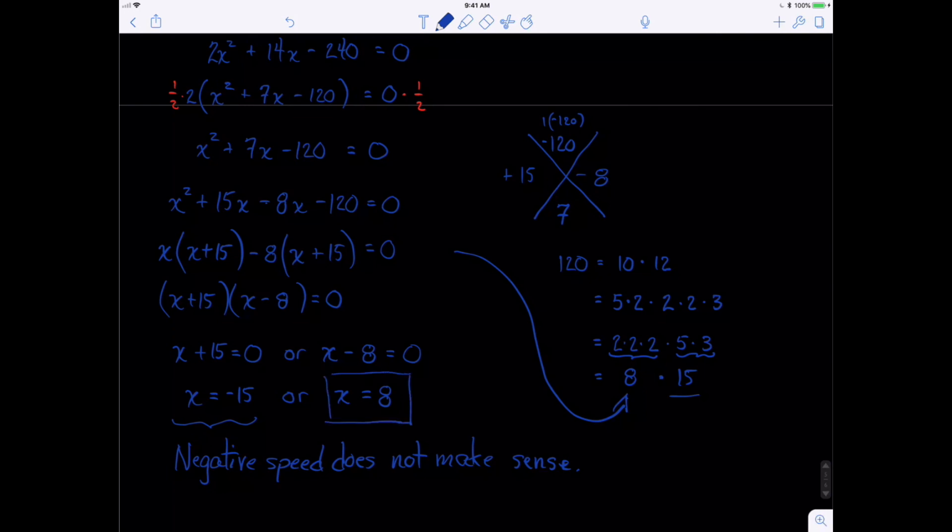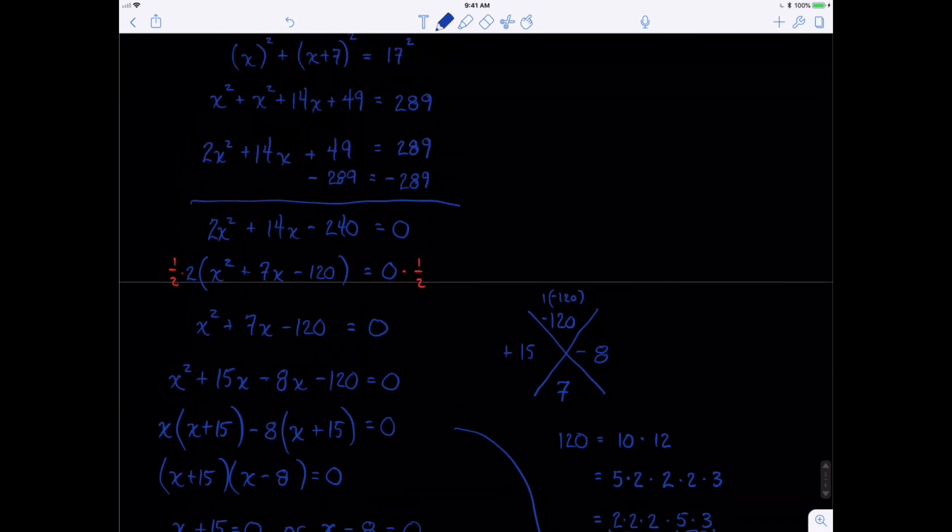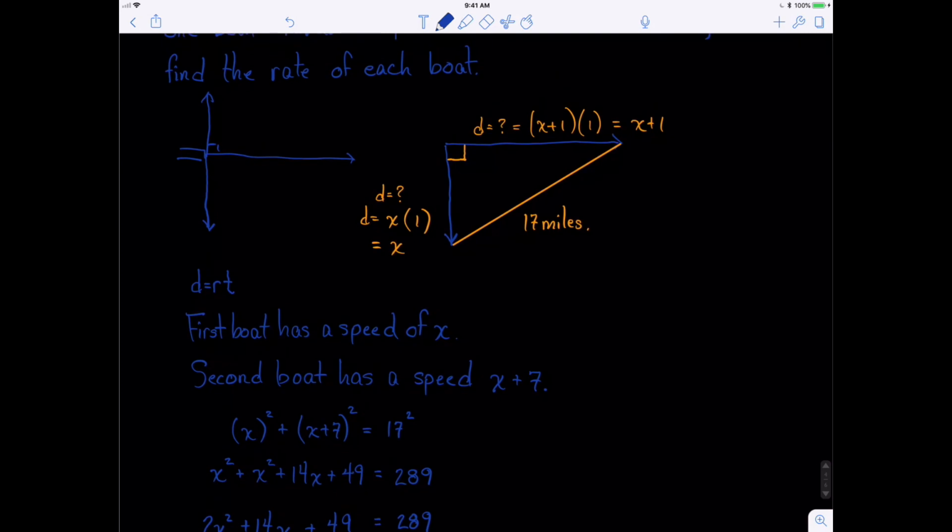Now, don't stop there, because remember the problem was about 2 boats, not just one. So if this is our x is 8, let's go back up to the problem and see if we can figure out what the second boat's speed is. So, here it is. If we highlighted this, it says right here, second boat has a speed x plus 7, and that's what we needed.